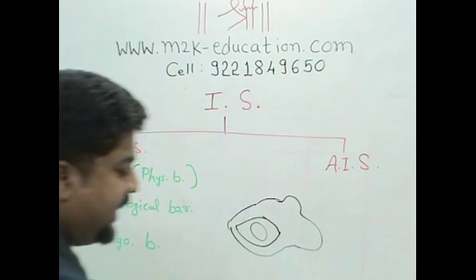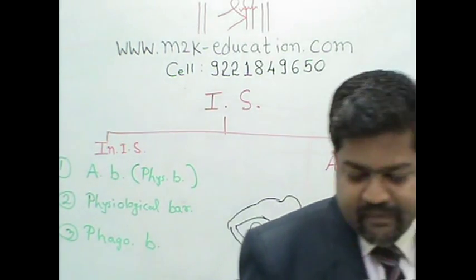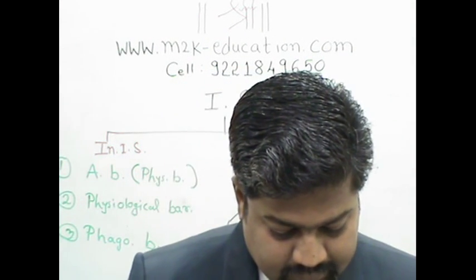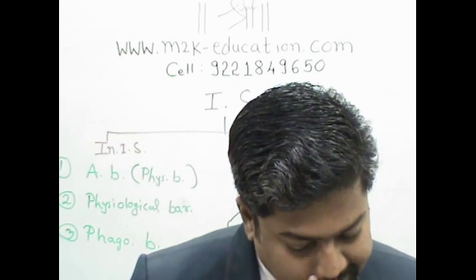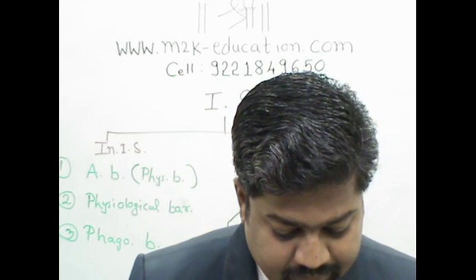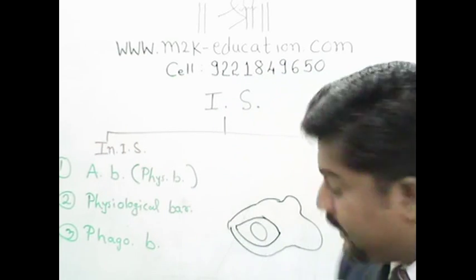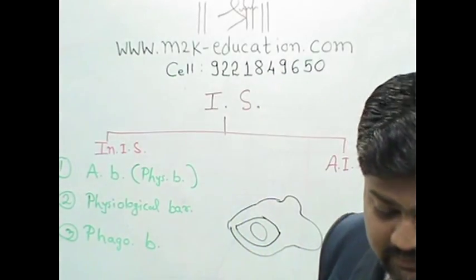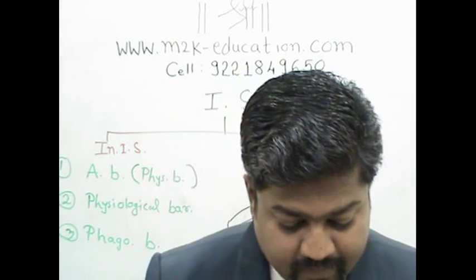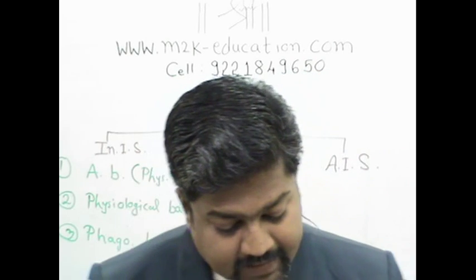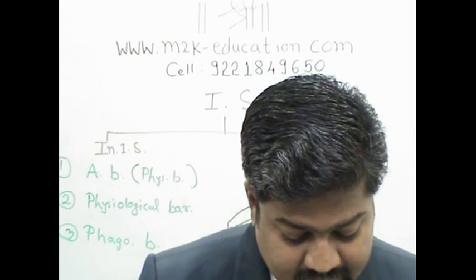So this way many WBCs have phagocytic action. The neutrophils and monocytes are phagocytic leukocytes which engulf and destroy invading microbes. The macrophages are large irregular shaped cells.